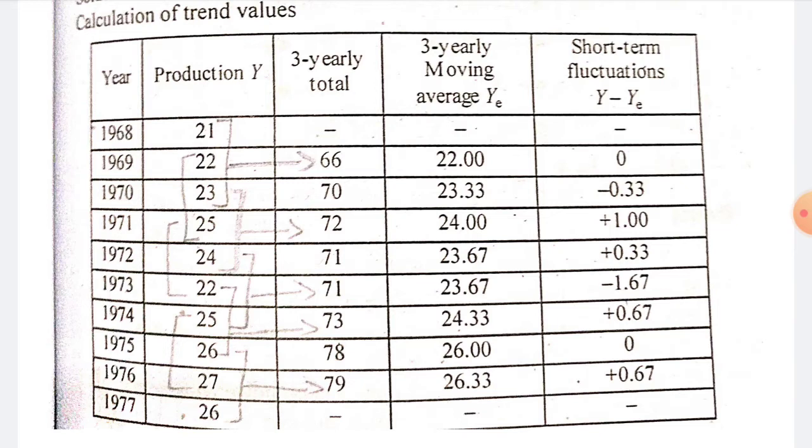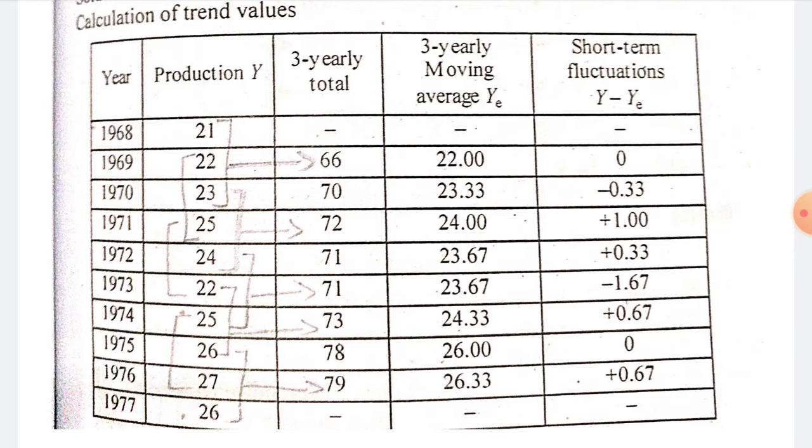The next three values, 23 plus 25 plus 24, is 72. Then 25 plus 24 plus 22 is 71. Then 24 plus 22 plus 25 is 71. The next is 22 plus 25 plus 26, that is 73. Then 25 plus 26 plus 27 is 78. The last value, 27 plus 26 plus 26, is 79.